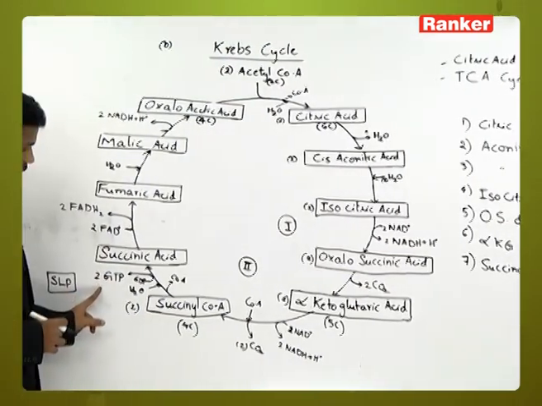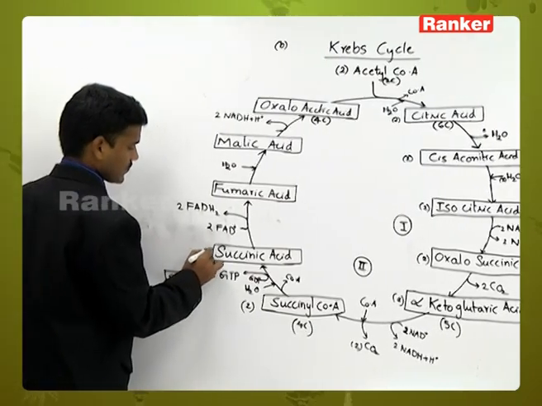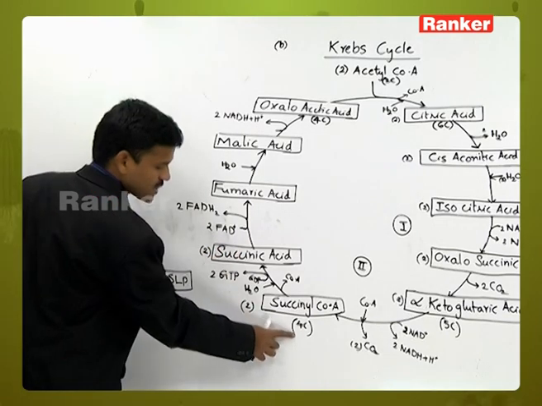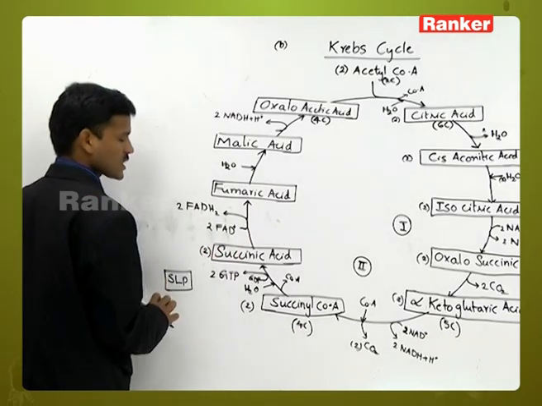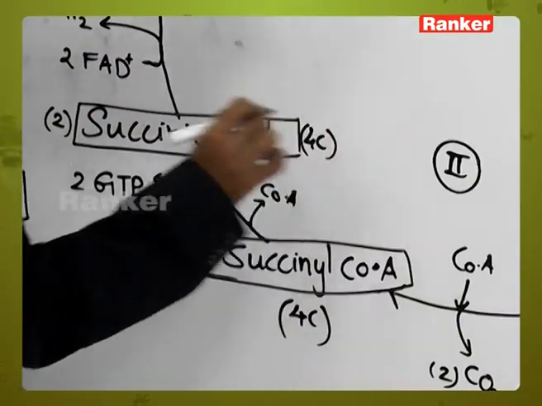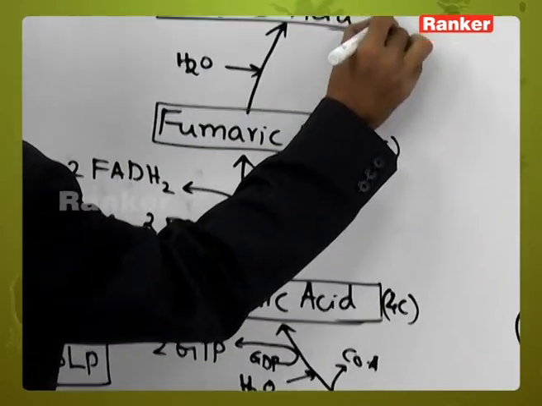Here 2 GTPs are produced by substrate level phosphorylation. Next, 2 succinic acids are produced. Succinic acid is a 4 carbon component, and all the following components are 4 carbon components only.